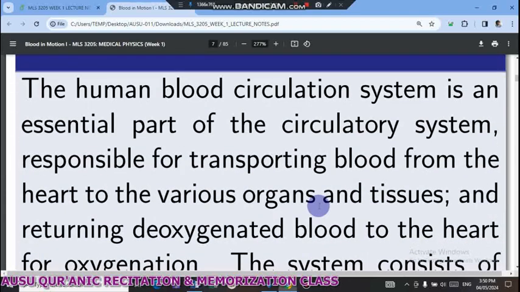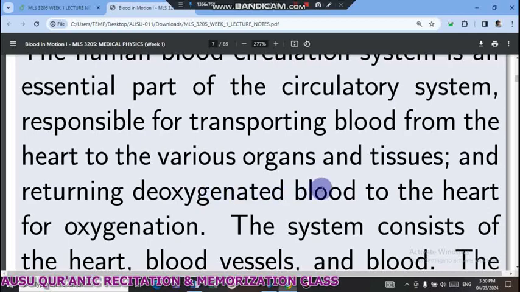The human blood circulation system is an essential part of the circulatory system responsible for transporting blood from the heart to the various organs and tissues and returning deoxygenated blood to the heart for oxygenation. This means the blood is treated with oxygen. When it is treated with oxygen, we call it oxygenated blood. Now, the primary function of the blood is to transport oxygen and nutrients to all body parts.